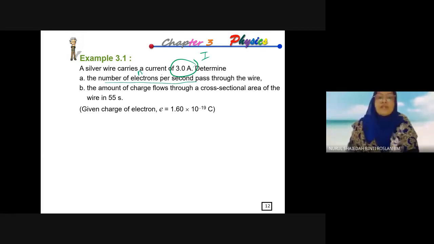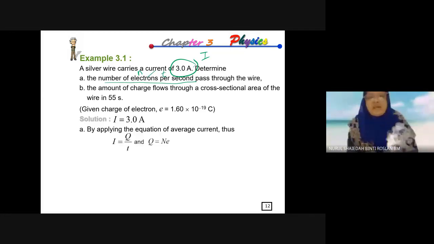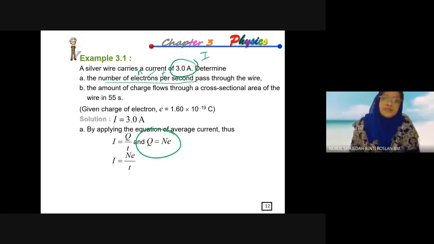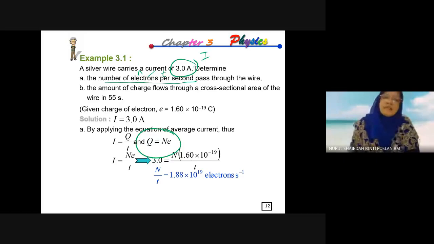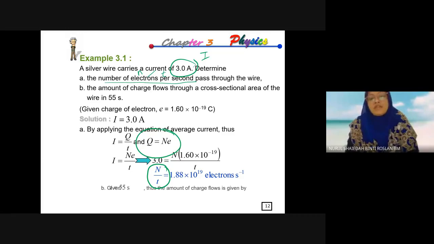So it asks us to find N, but with time per second, so N over T. We use the formula I equals Q over T, and Q is NE, so I equals NE over T. Since I is given, N over T is what we find, and you will get 1.88 times 10 power of 19 electrons per second.